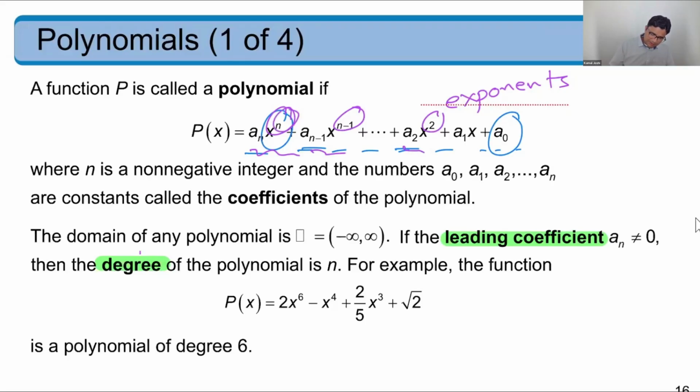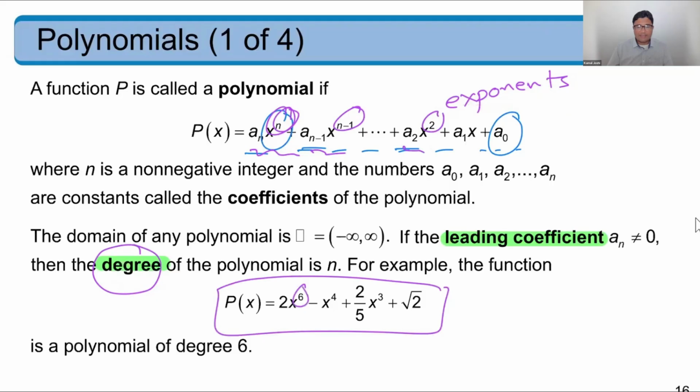The exponent is related to the concept of degree, and that will be the largest exponent. If you look at the polynomial example given here, 6 is the highest exponent, so the degree of that polynomial is 6. That is related to the exponent.